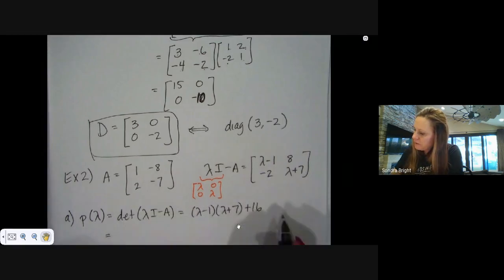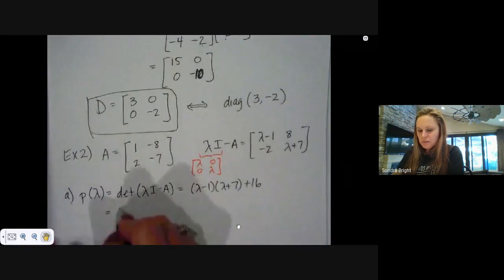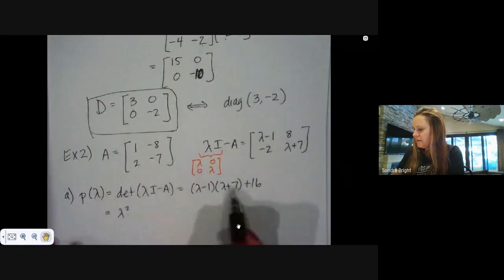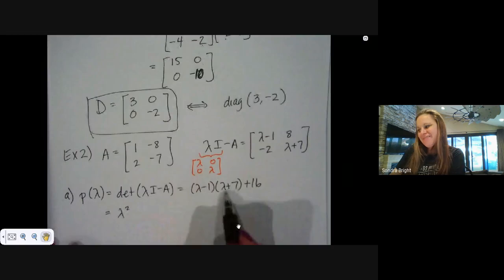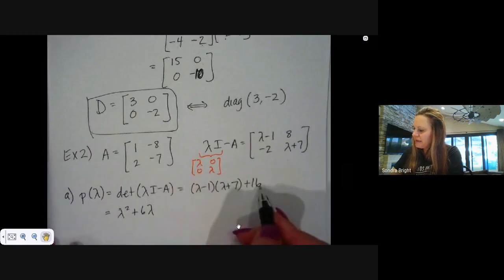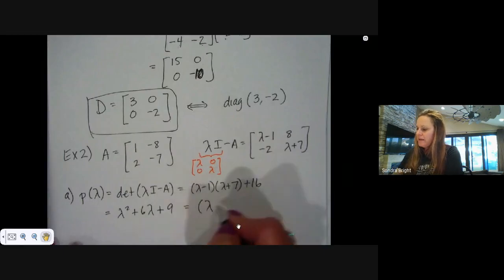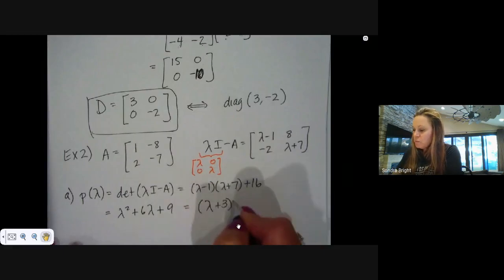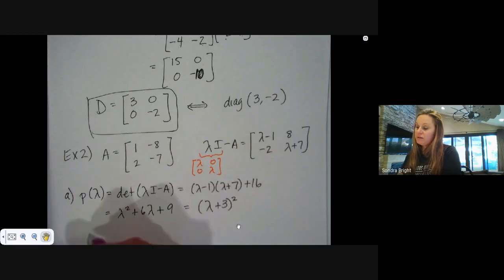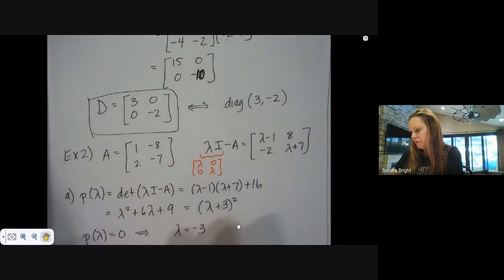So that'll give you lambda squared plus 7 minus 1, so a plus 6 lambda, minus 7 plus 16 gives you a plus 9. That factors as lambda plus 3 quantity squared. And so you get your eigenvalues when this characteristic polynomial is 0, which means your eigenvalue is -3, and this one has a multiplicity of 2.